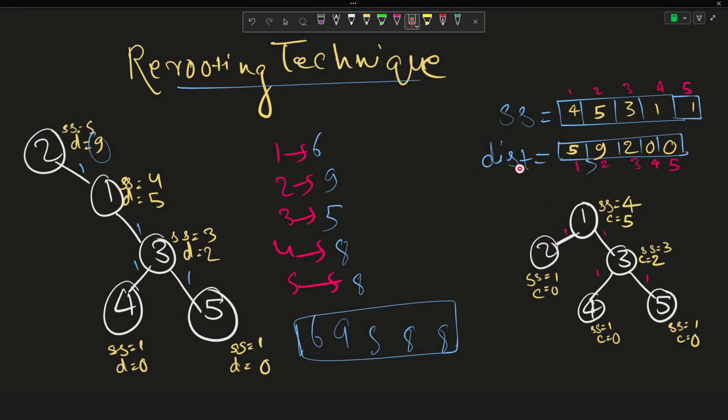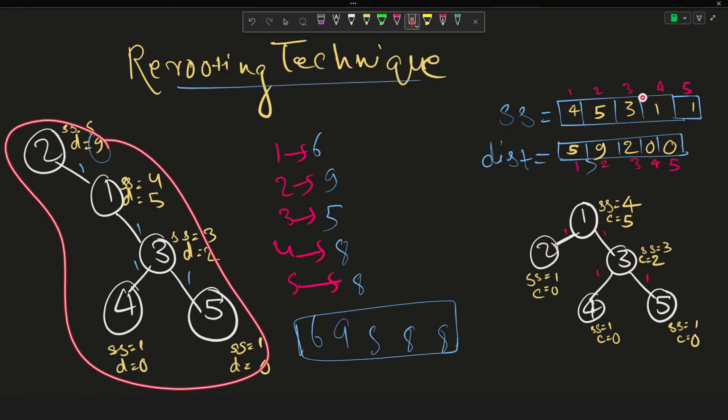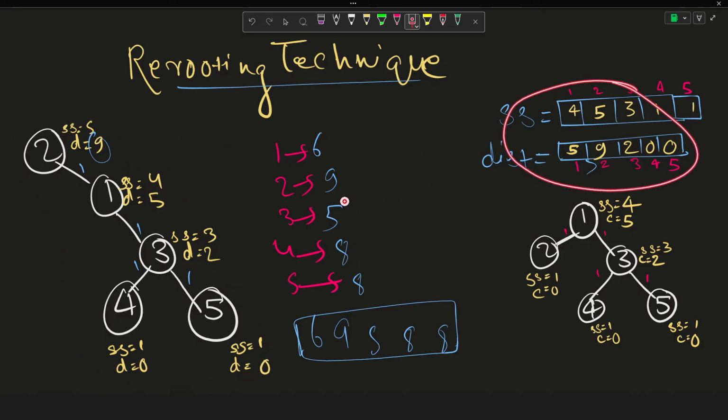So this is the previous problem that we solved using rerouting, if you remember. What we were doing was just modifying the arrays. We were subtracting the values of the children from the parent first, and then adding the remaining values of the parent to the children, thereby getting the final tree. But since we want to do it for every child, after deriving these arrays, since I want to treat 3 as the child thereafter, and then 4 and then 5, I have to make sure that before doing the same thing I again come back to this tree.